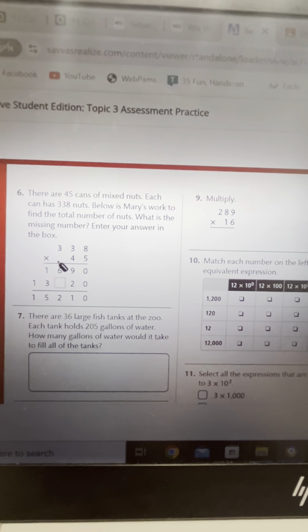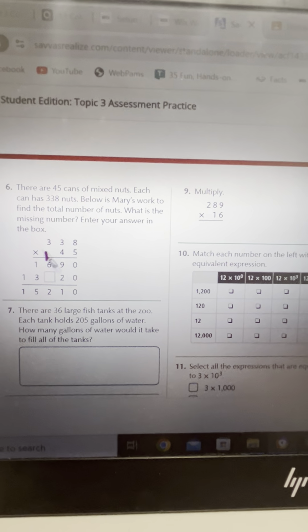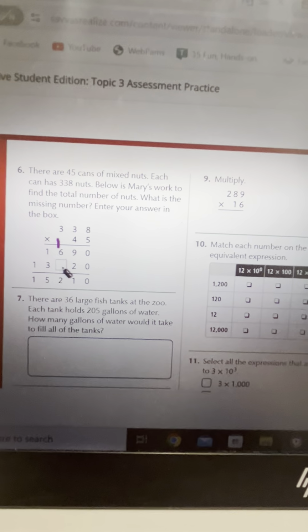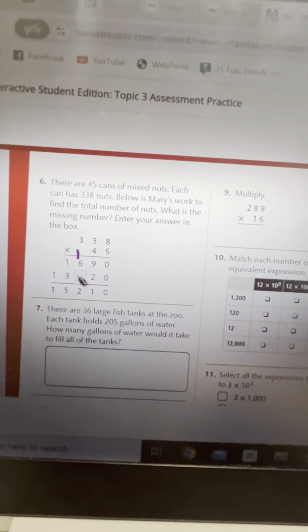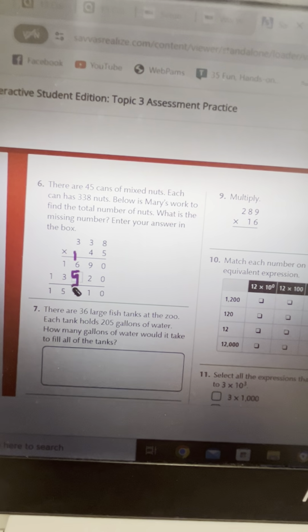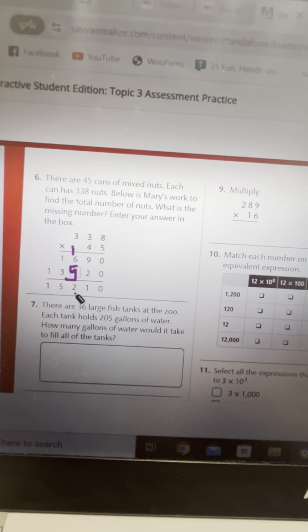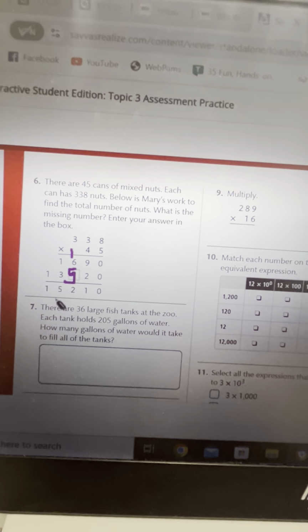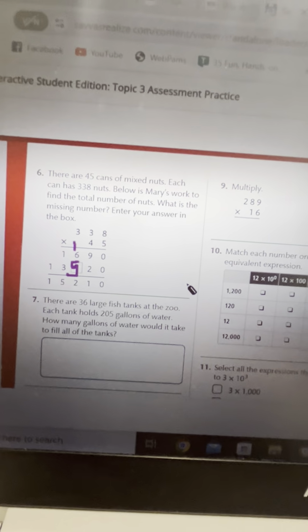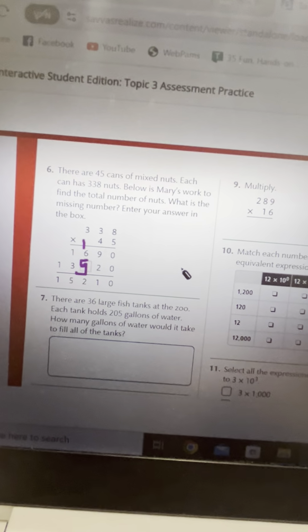So we are having an invisible 1 being carried right here. So this is actually 7 plus a mystery number equals 12. That would have to be 5. So 5 plus 6 is 11, plus 1 is 12. So 2 and carry your 1, and then the rest of the problem works out. So even if you didn't know how to multiply or you forgot, you just check the math. Okay?